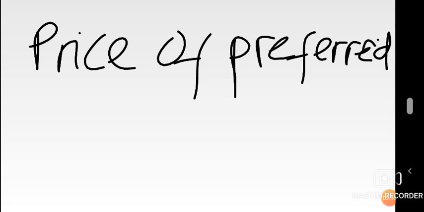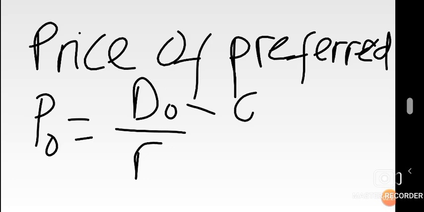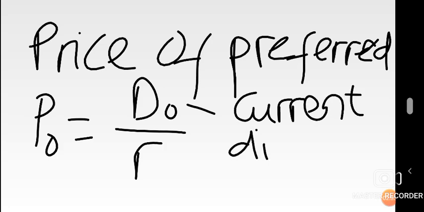Preferred stock. The price is equal to D0 over R. What does D0 stand for? D0 just stands for the current payment, the current dividend.